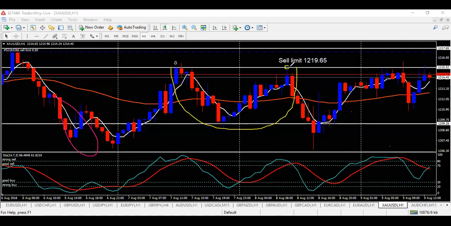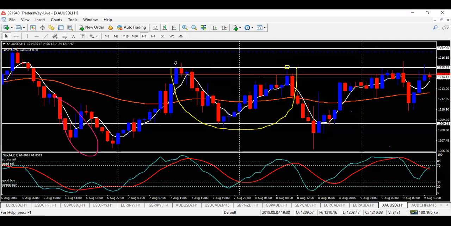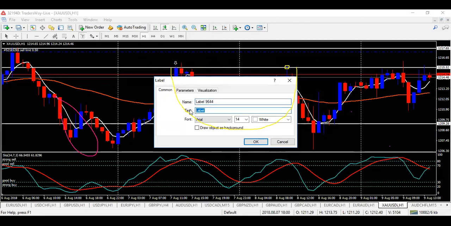It came back around and triggered your sell limit. Your sell limit here would have been 12.15.52. Don't mind this, it started from before. So once you get this, you place your horizontal line at the body, and that's going to give you your sell limit of 12.15.52.